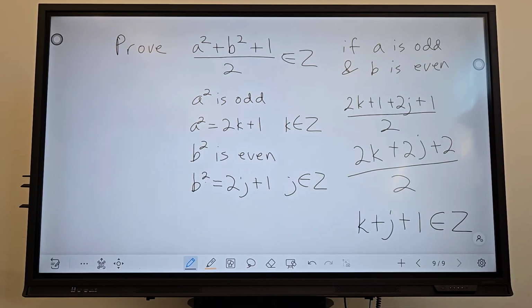It's not a rational number with a denominator of 2. It is a whole number.